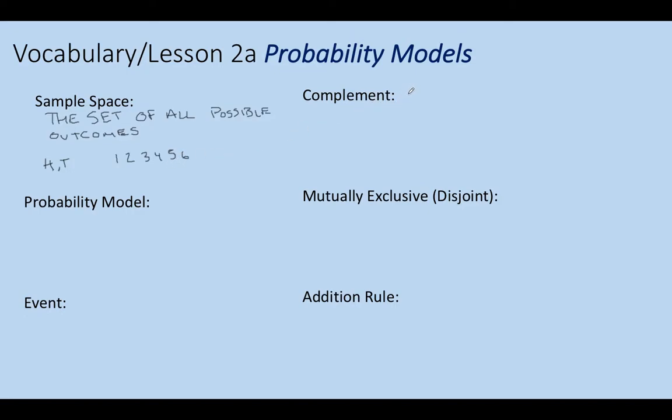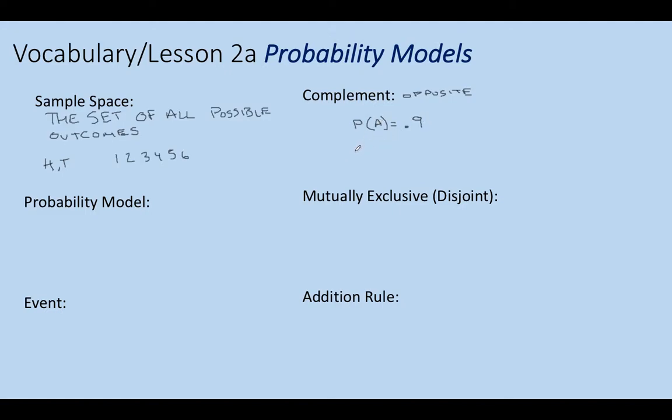Complement. Basically, this is the opposite you can think of. So if I had the probability of event A happening, let's say that's 0.9. Just know that this is not P of A like a function notation thing, this is a probability notation. So the probability that event A happens is 0.9.